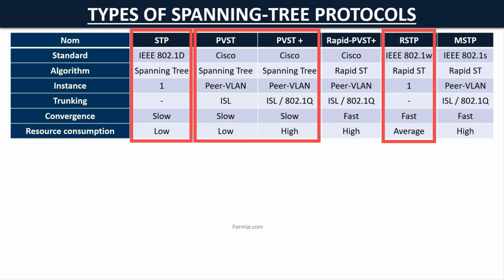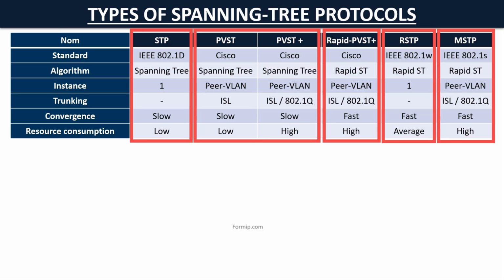The advantage here is that the load is more evenly distributed, because all links will be used, but not by the same VLANs. There is rapid PVST Plus, which is simply a spanning tree enhancement by VLAN, and the multiple STP is an extension of the rapid spanning tree.